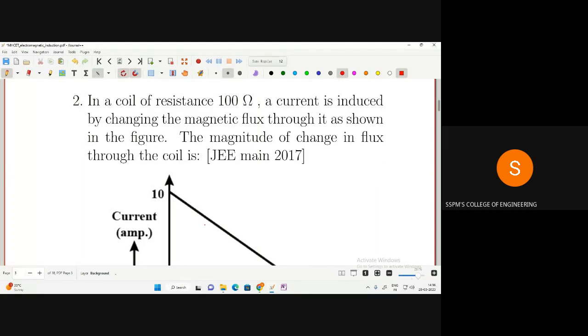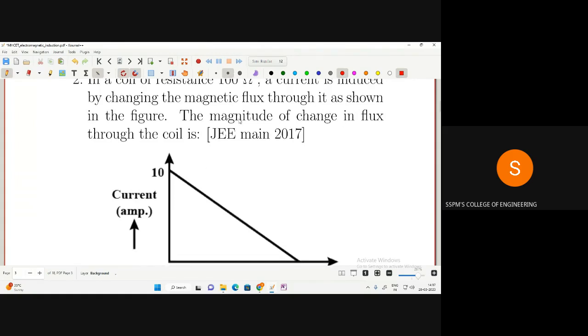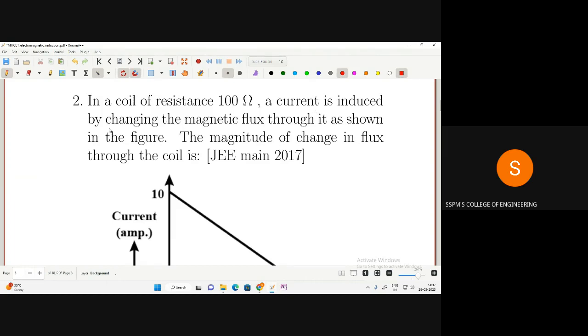In the next example, example number 2, a coil is given. The resistance of the coil is 100 ohm, and the current is induced by changing the magnetic flux through it as shown in the figure. The magnitude of change in flux through the coil you have to find.